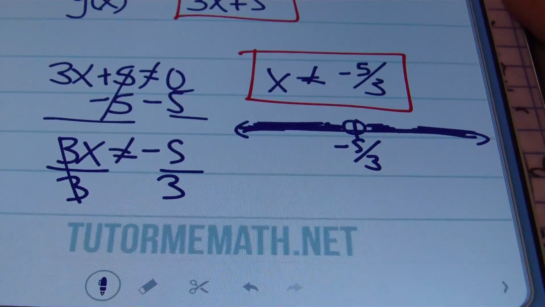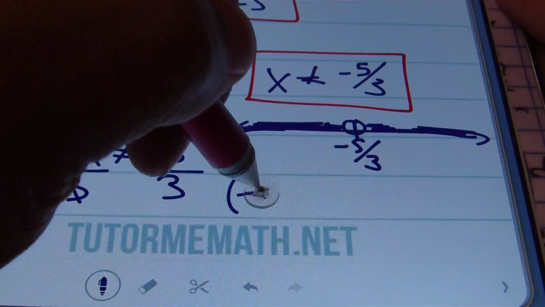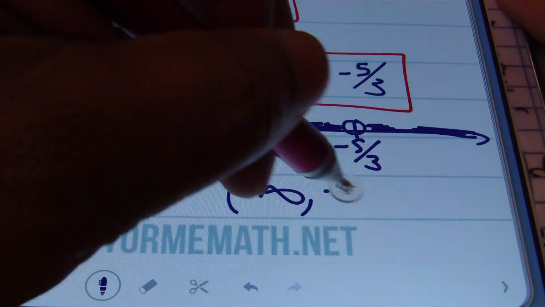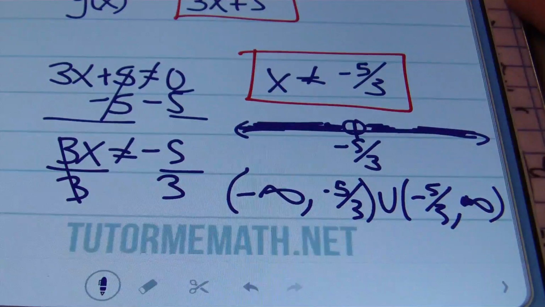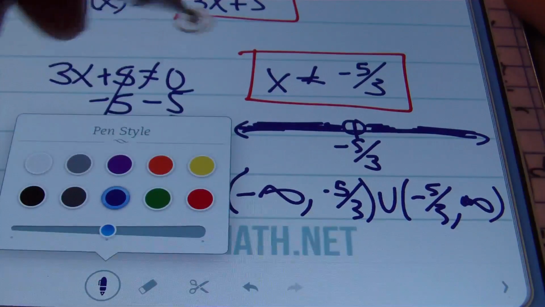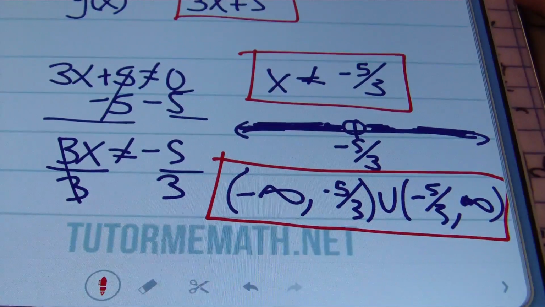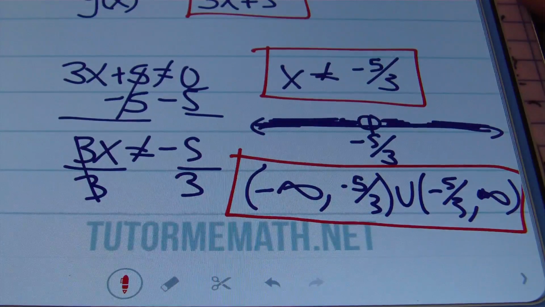I can show my interval notation as negative infinity to negative 5/3 union negative 5/3 to positive infinity. Depending on how your instructor wants you to submit your answer, you can use either way and be good.